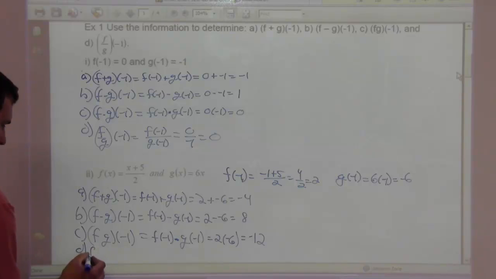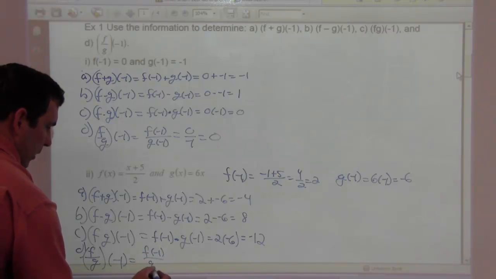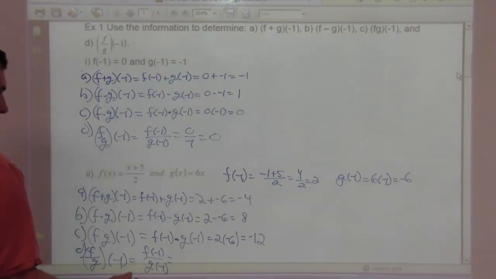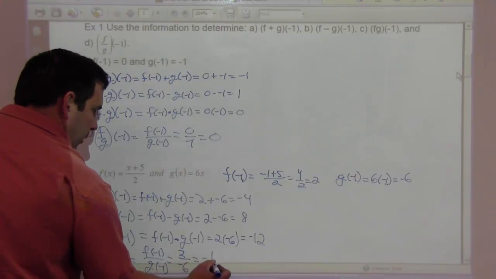And f divided by g of negative 1 is f of negative 1 divided by g of negative 1. That's 2 over negative 6, or negative 1/3.